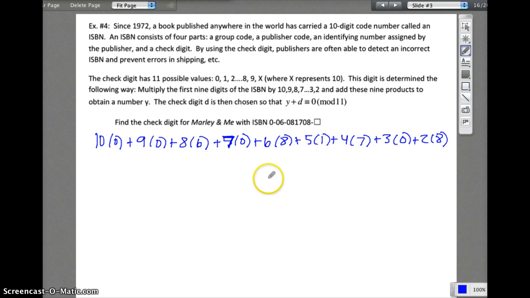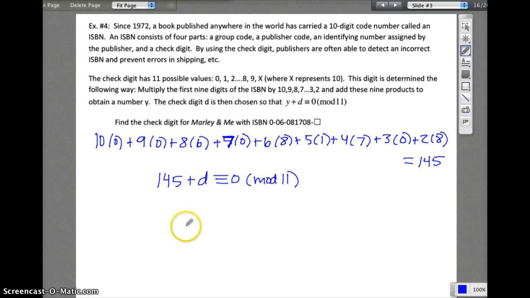So a lot of these are 0, so a lot of these drop out. We end up with 145. So we need to make sure that 145 plus the check digit D is congruent to 0 mod 11.